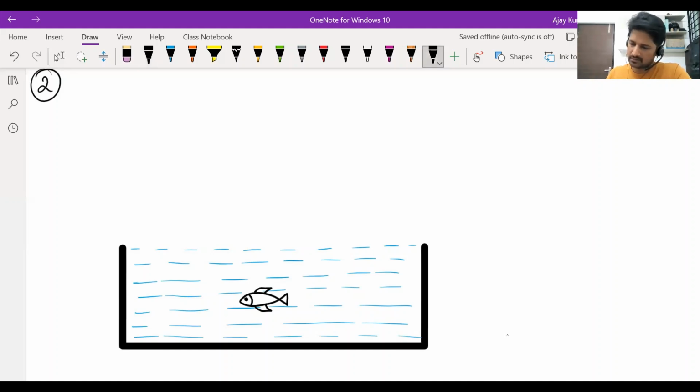Okay, let's consider some object here. It's exactly vertically above the fish.